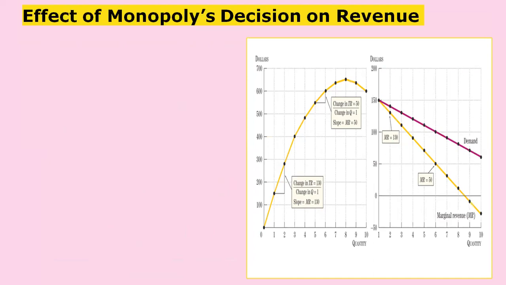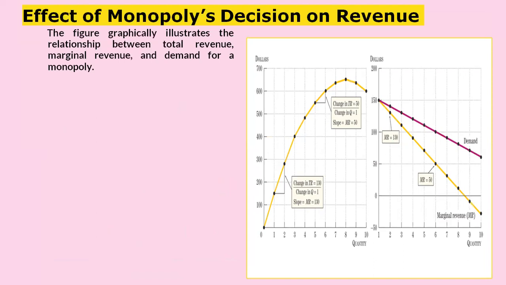Effect of monopoly's decision on revenue. The figure graphically illustrates the relationship between total revenue, marginal revenue, and demand for a monopoly.